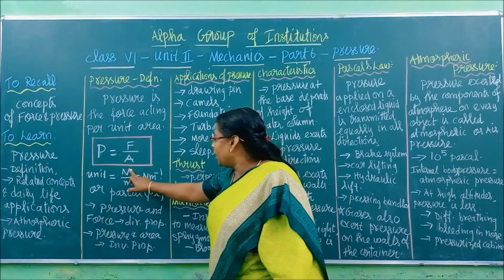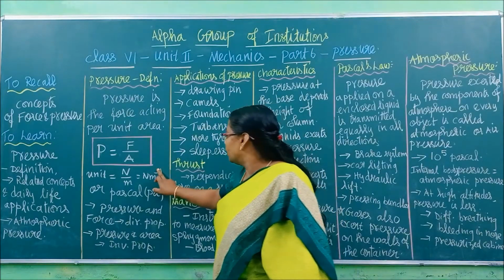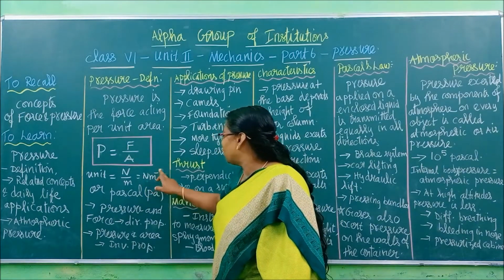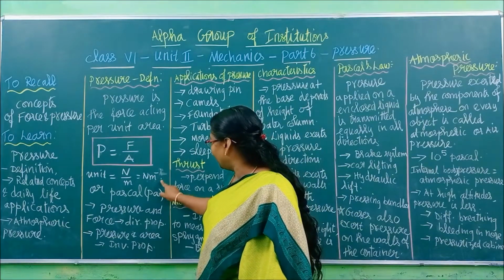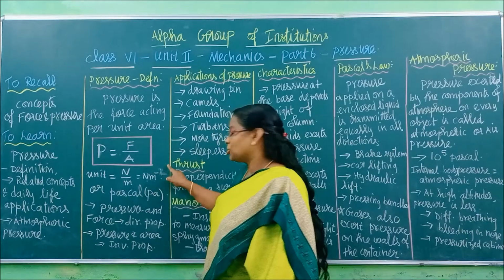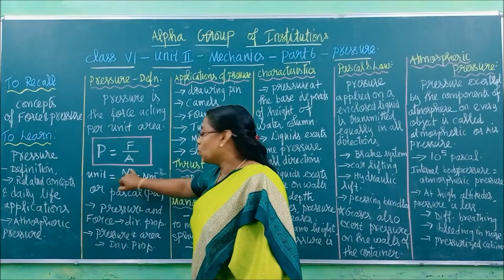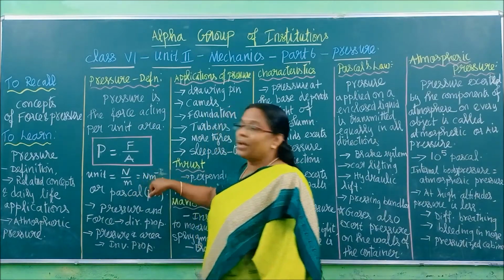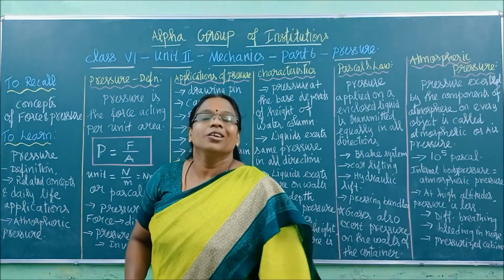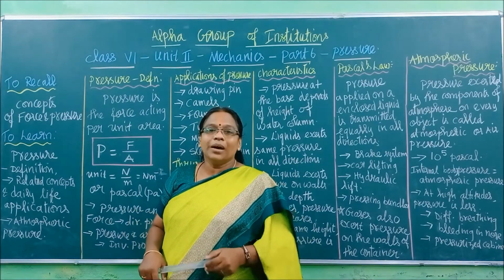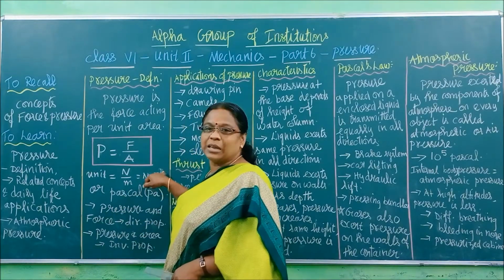So Newton by meter square gives the unit N m power minus 2, because the meter square goes up. So the unit of pressure is Newton per meter square. I had missed the 2 here, so please replace it.